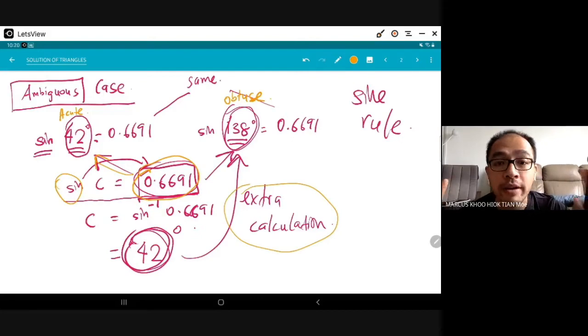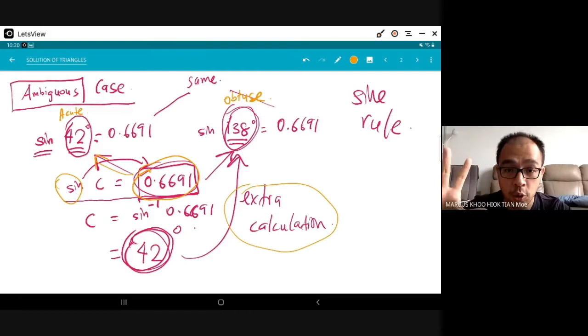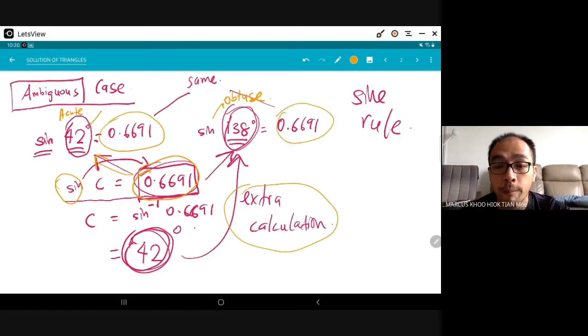I'm going very slowly because I really want you to understand the difference between acute and obtuse. These two angles are different, but when we calculate the sine, look, we get the same value. Sine 42, an acute angle, gives you 0.6691.